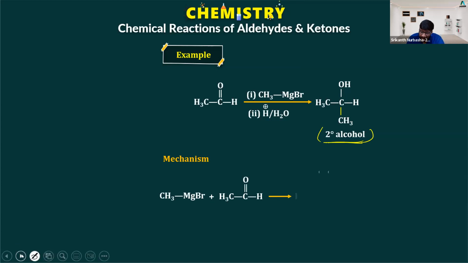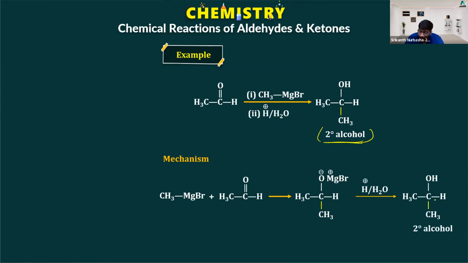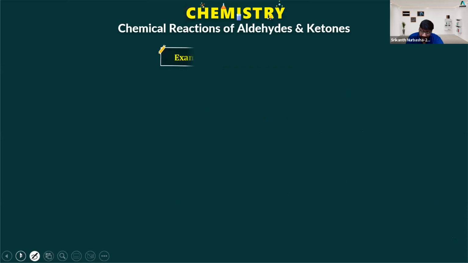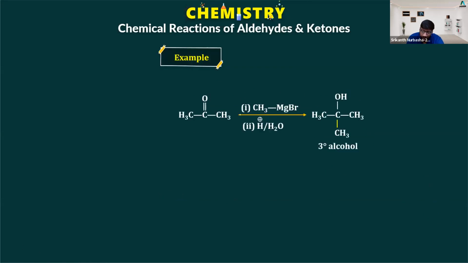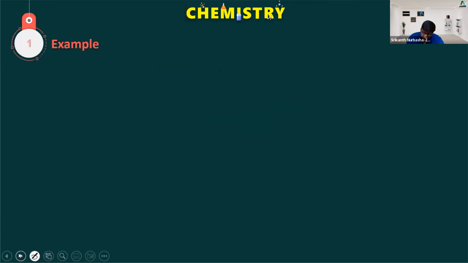CH3 MgBr, CH3 C double bond H forming CH3 CO minus MgBr, CH3, H plus in the presence of H2O forms CH3 COH CH3. If I replace this hydrogen with again methyl group like ketone, if I take CH3 C double bond CH3, MgBr, H plus in the presence of H2O, you get tertiary alcohol.